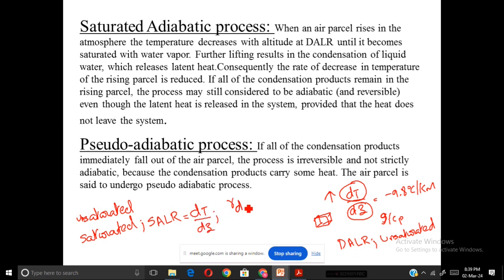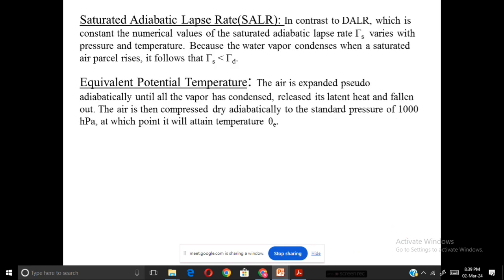So gamma d is the dry adiabatic lapse rate, in the case of an unsaturated air parcel, whereas gamma s, the saturated adiabatic lapse rate, is in the case of a saturated air parcel. This is the saturated adiabatic lapse rate, in contrast to the dry adiabatic lapse rate.